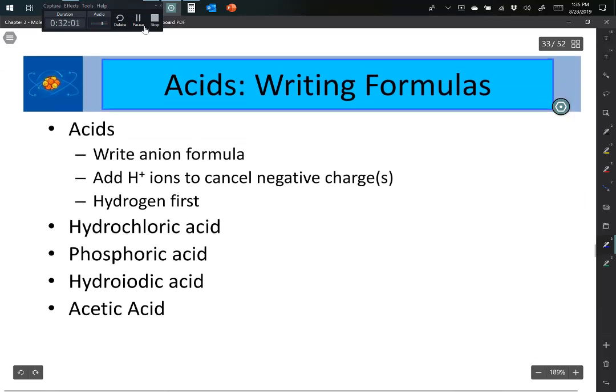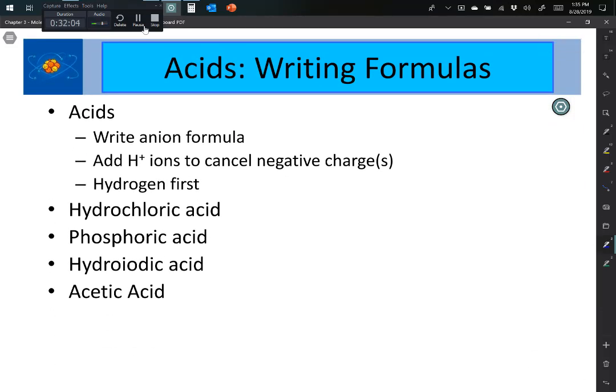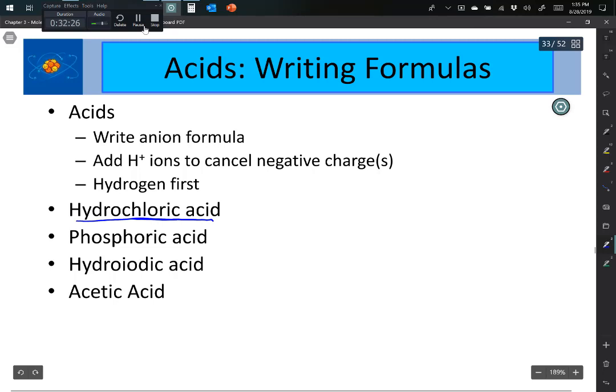Okay. Writing the formulas for the acids is easier. Basically, you look at the name and work your way backwards to the anion. So if I see hydrochloric acid, not the acid part, just the hydrochloric. If it's hydro and ic, it must have ended in IDE. So chloride is the anion.